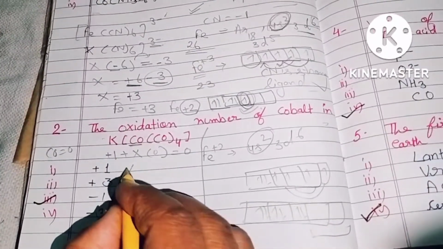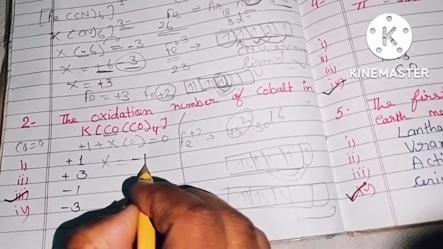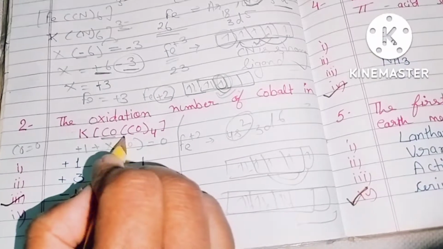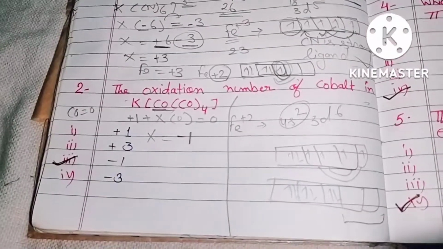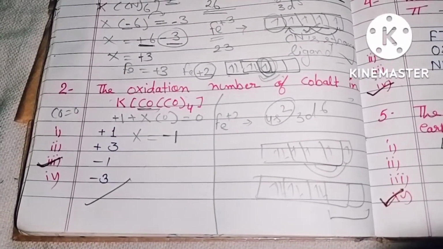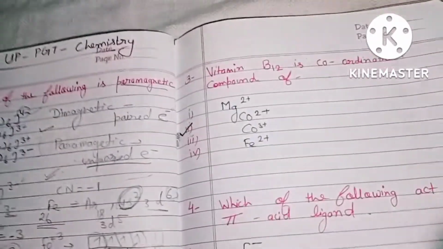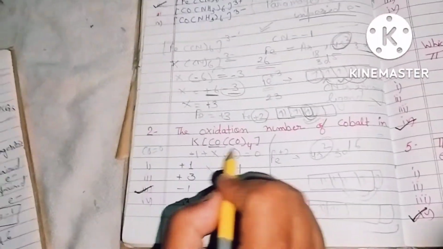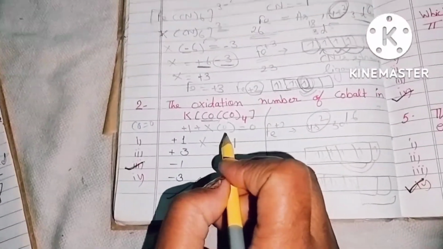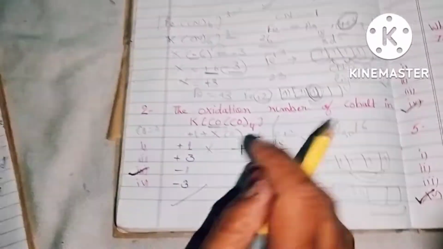In this condition, X is equal to minus 1. The oxidation number of cobalt in this compound is minus 1. Okay, next. Oxidation number is very easy. By solving this, we find the oxidation number by this procedure.